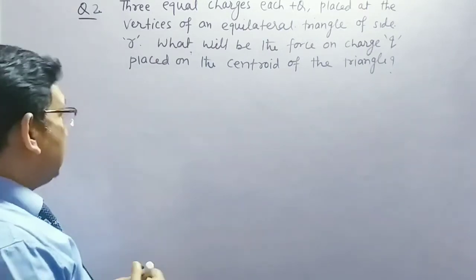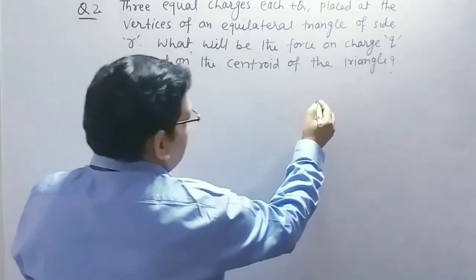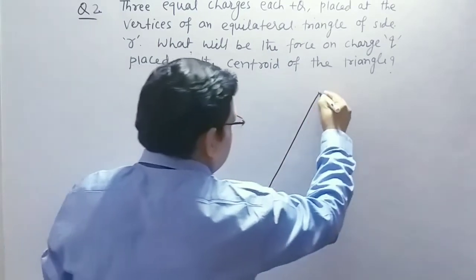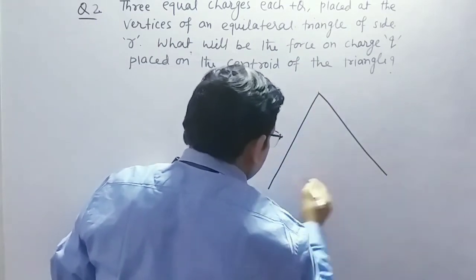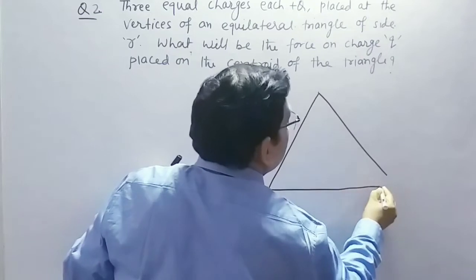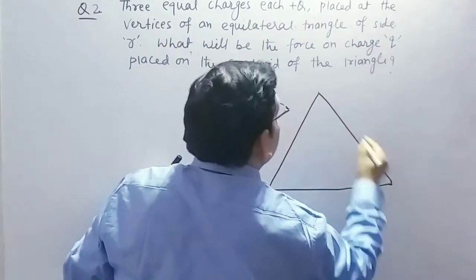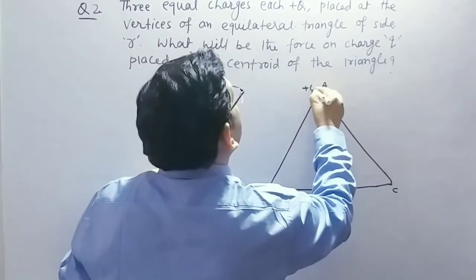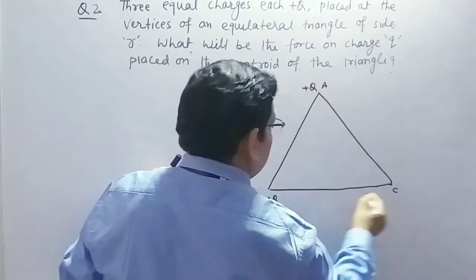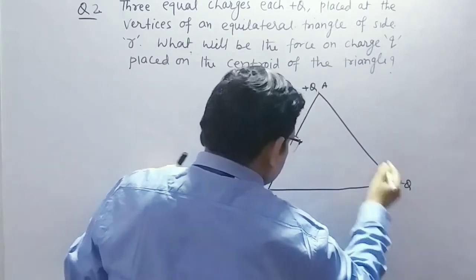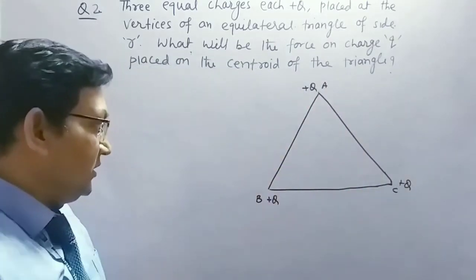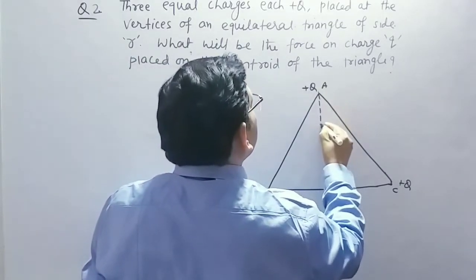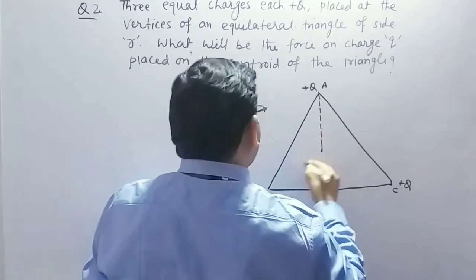So let's draw the diagram first. So consider equilateral triangle A, B, C, with charges plus Q. So in the first question, we had 3 charges at the vertices of the equilateral triangle, but now in this question, we have a fourth charge at the centroid.